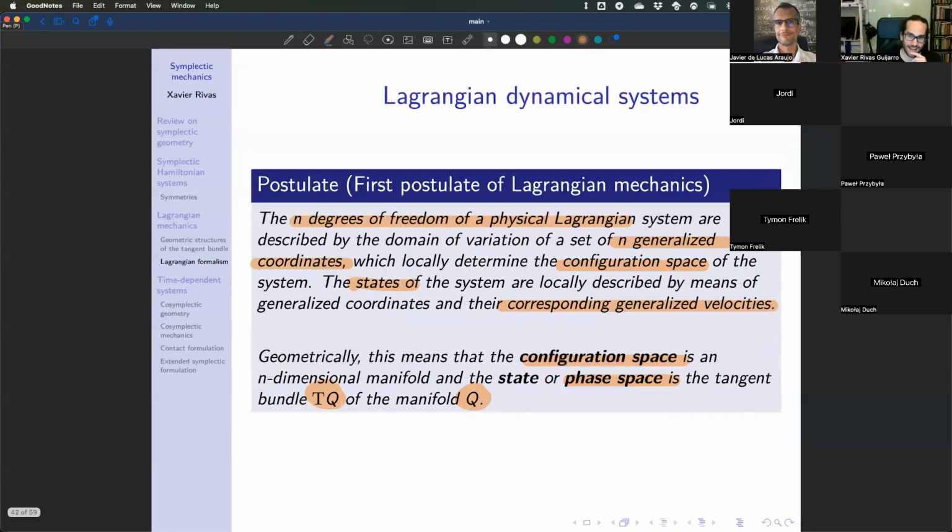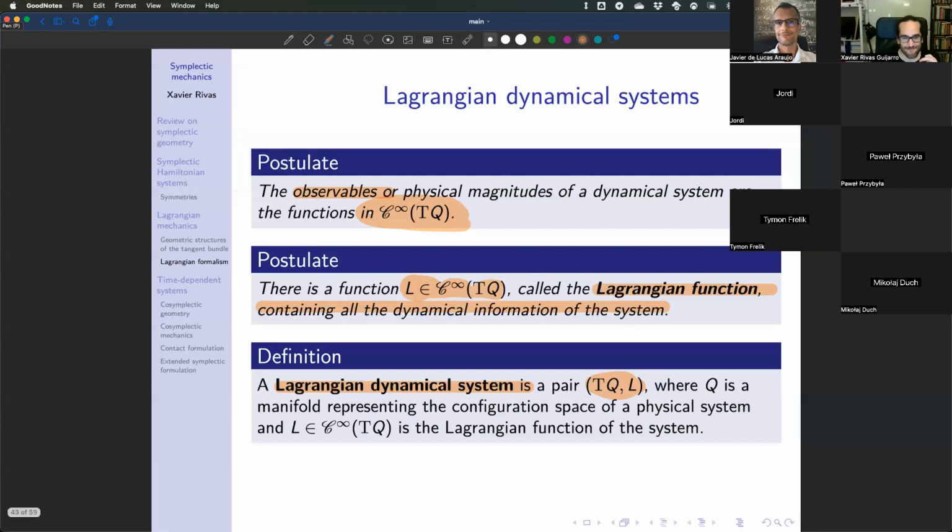That's why here I said first postulate of Lagrangian mechanics. We only describe something that we call Lagrangian systems, which are the systems described by these postulates, where it applies. It's what I said about symplectic geometry and many other problems: you have some differential equations and you are trying to describe them by means of certain formalisms. They are very good, but they are not perfect. Okay, that's all. Thank you.